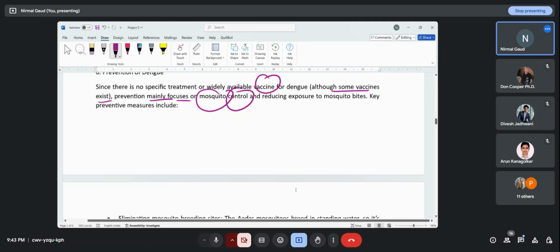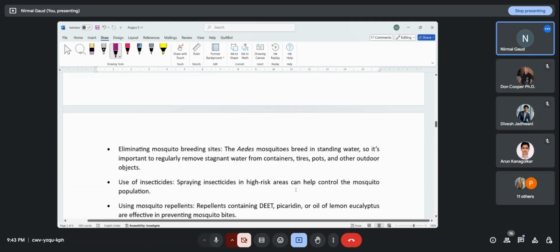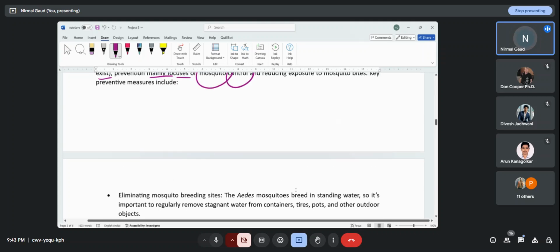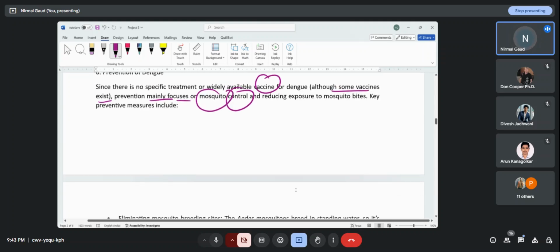That is why it has been told that water deposits where larvae are should not be there, because then mosquitoes and this kind of virus do not develop at that particular place.